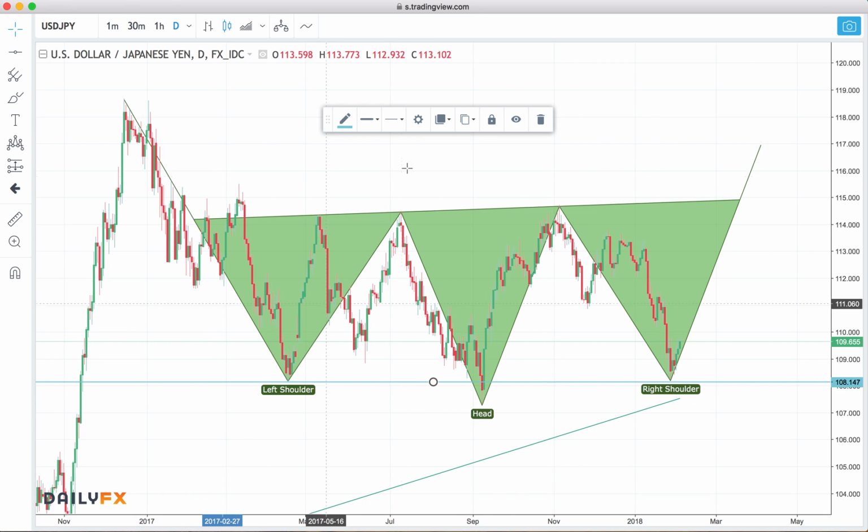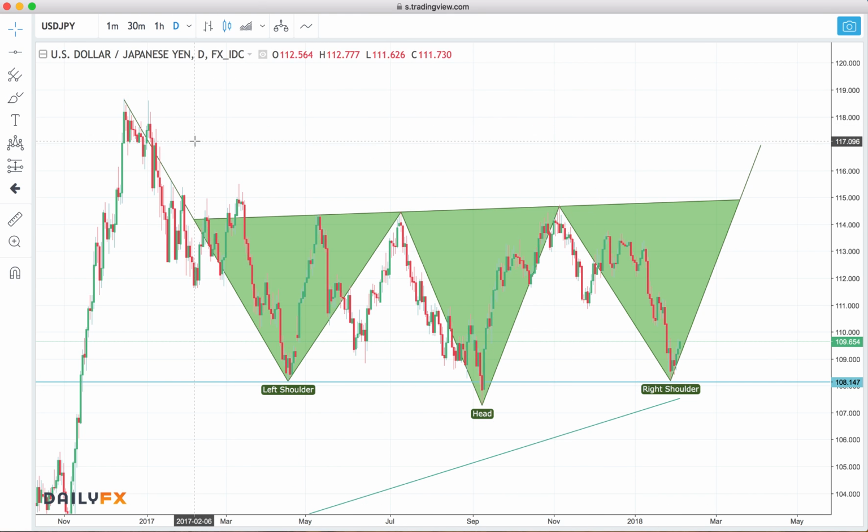All right. So, as it says, a head and shoulders pattern is a very powerful reversal pattern. It's extremely reliable. But again, it's not guaranteed, but it is reliable. It has a high probability of coming through.